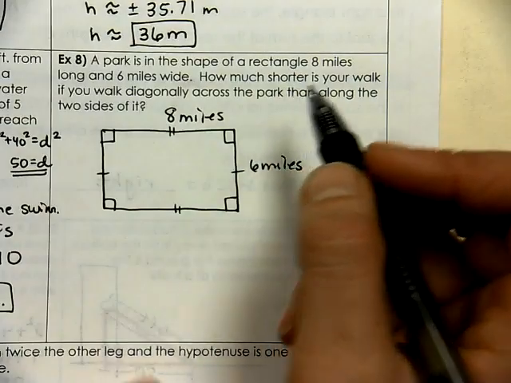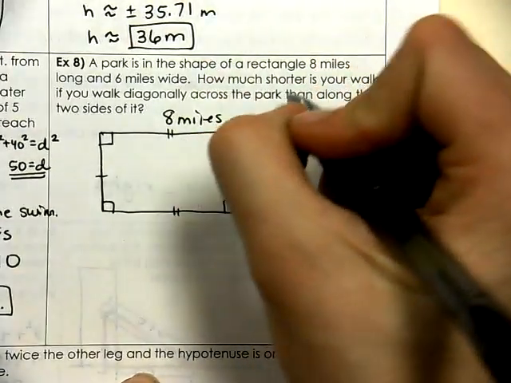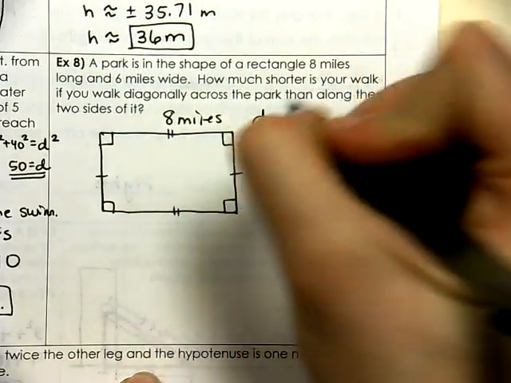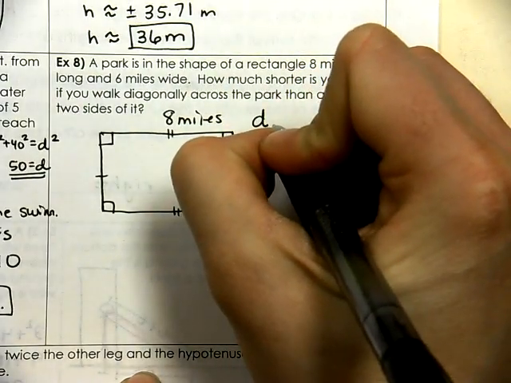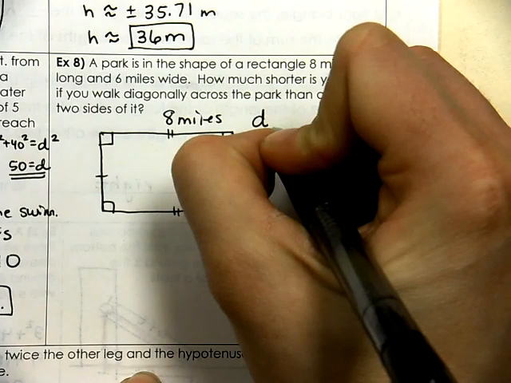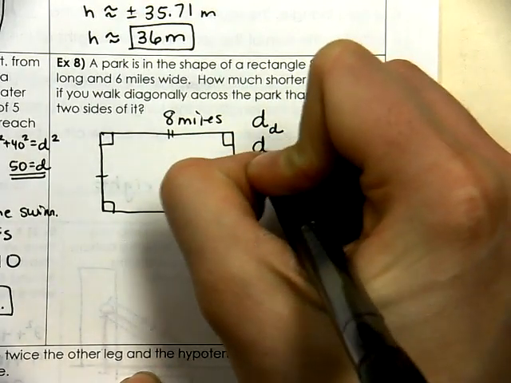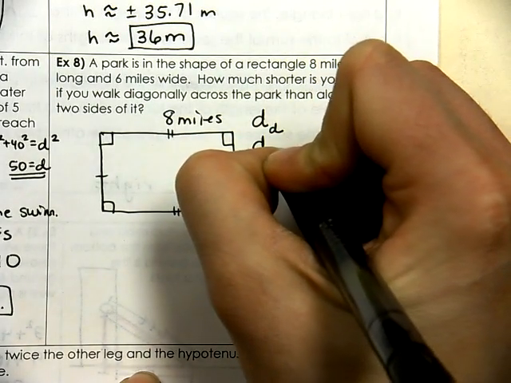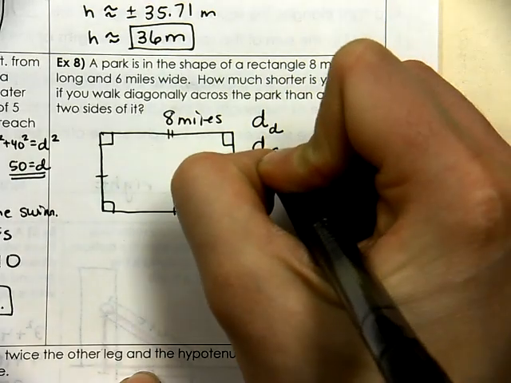Okay, so how much shorter? Well, I'm going to use the distance for the diagonal versus the distance for the sides.